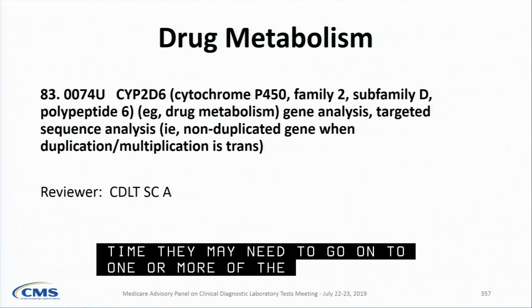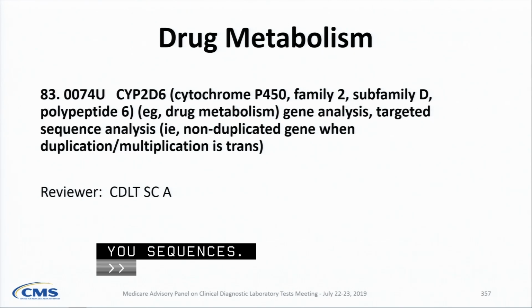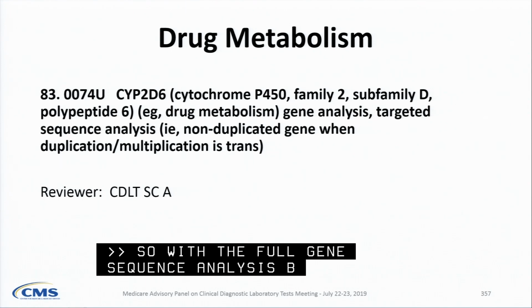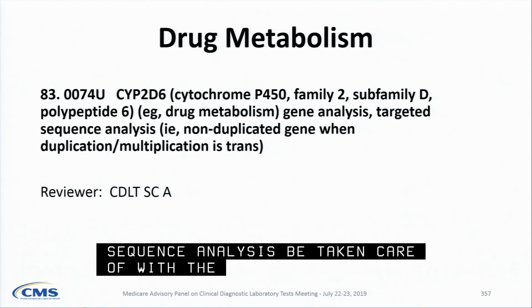So would the full gene sequence analysis be taken care of with the 71U, and then the targeted analysis, 72 through 76?